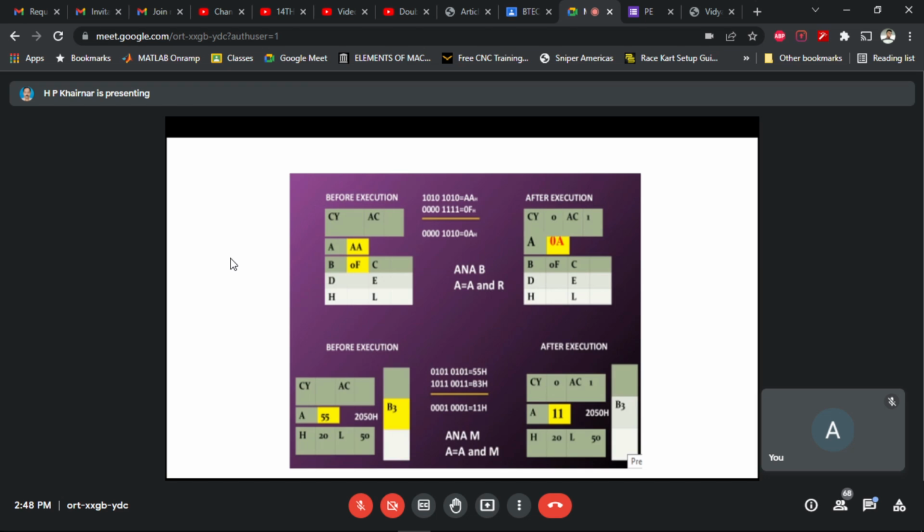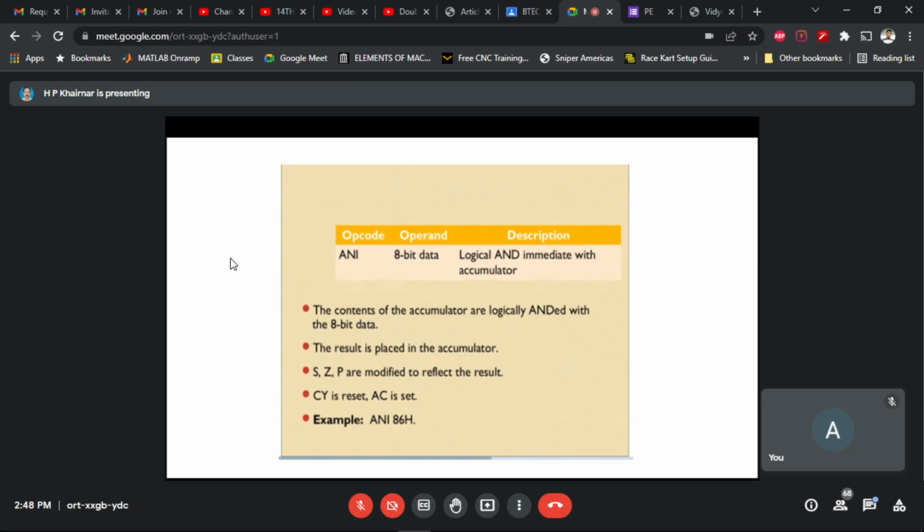B3 is another content at the memory location. So for that you will be getting some output. Again you will carry out the AND operation, and finally 11 is the outcome that you are getting. So this is how the AND operation will be carried out.